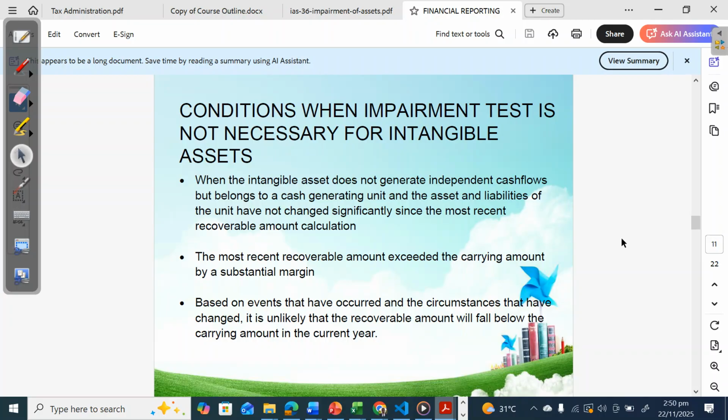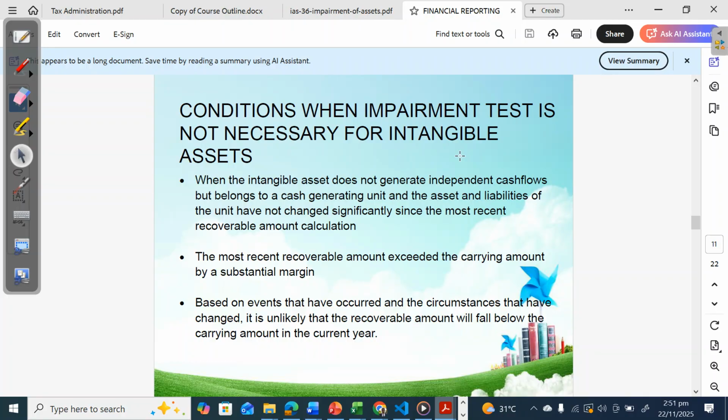Okay. So let's look at conditions when an impairment test is not necessary for intangible assets. What are the conditions that will allow us not to test for impairment?